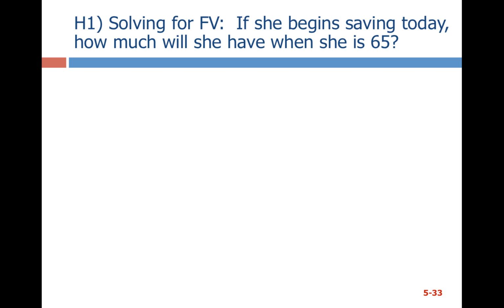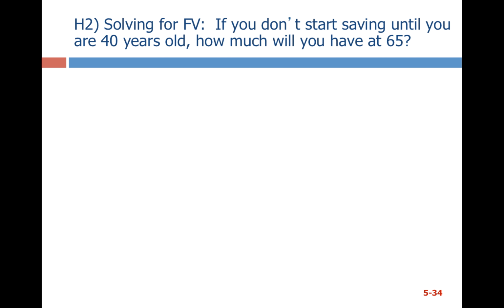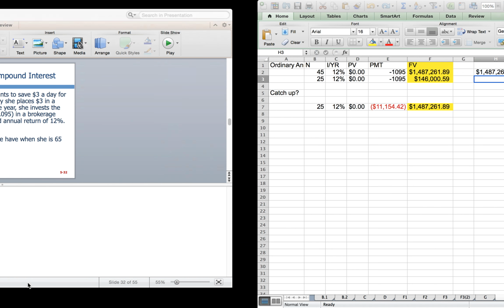All right. So, if she begins saving today, how much will she have when she's 65? Again, that's $1,487,262. What happens if she doesn't start saving until she's 40 years old? How much will she have at 65? So before she had 45 years to do that. Now she's starting when she's 40, which means she's only going to do it for 25 years.